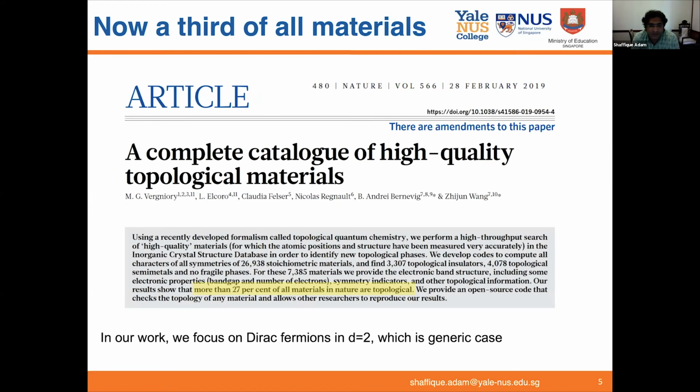So in some sense, topology is no longer something very exotic. We went from a few isolated examples like the quantum Hall effect and the Su-Schrieffer-Heeger model to now a situation where we believe at least 1/3 of all materials in nature are topological. So it's an evolution in how we think about this system.